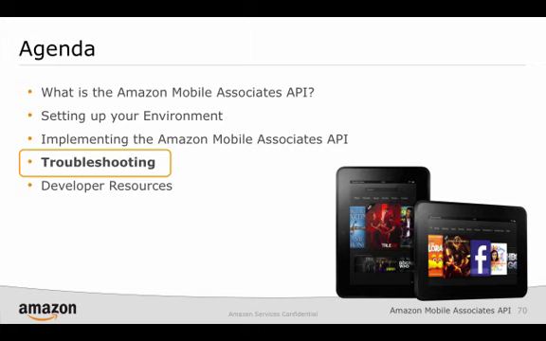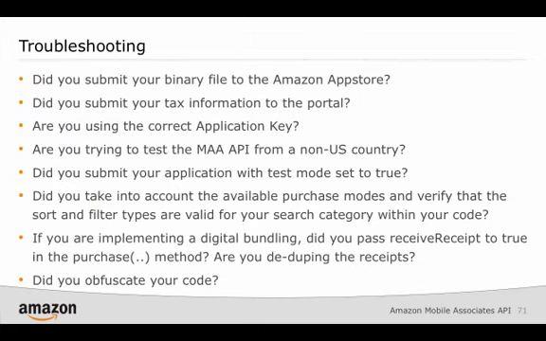Troubleshooting tips. Did you submit your binary file to the Amazon App Store? Even when distributing your app through another mechanism, you must also submit your app to the Amazon App Store for distribution. If you're having issues with payments, check whether you've submitted your tax information to the Amazon Developer Portal. You cannot be paid if this information has not been entered.